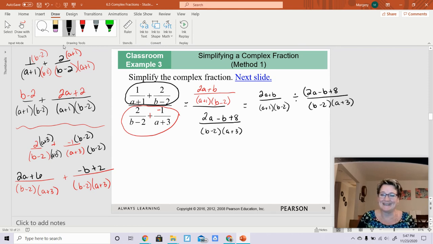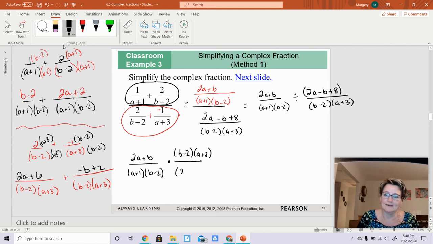So again, we rewrite the first fraction exactly the way we see it. We change the division sign to multiplication. We flip the second fraction.